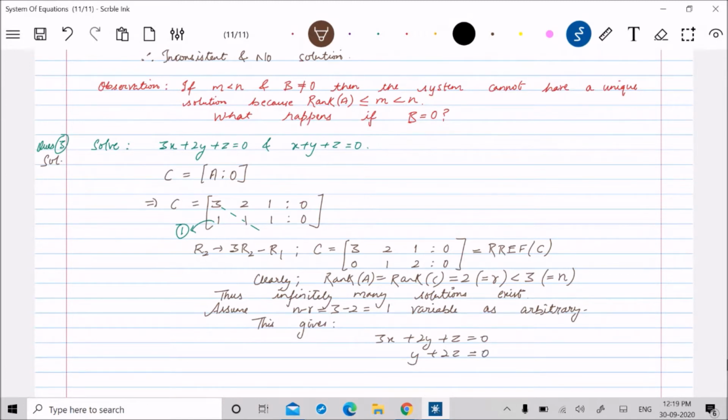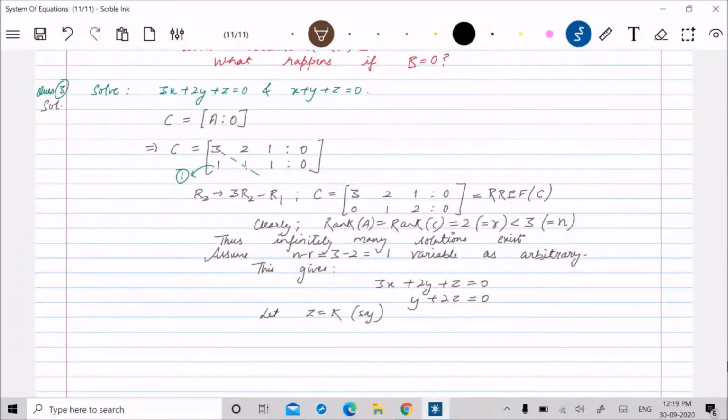Since you are going to assume one variable as arbitrary, let that one variable be z, which is assumed as arbitrary. So I'm writing here z equal to k. Okay, fine. And then I will plug this z equal to k in these two equations.